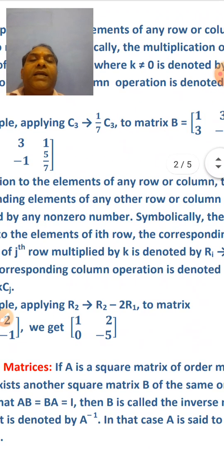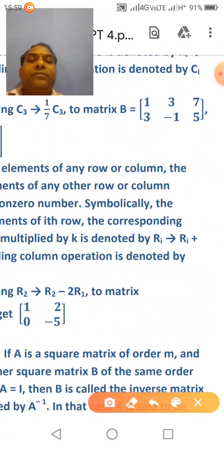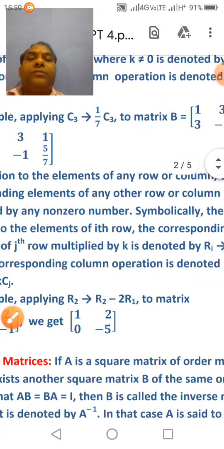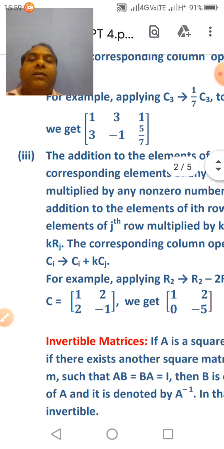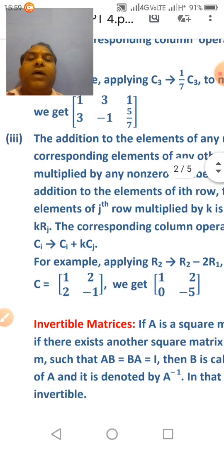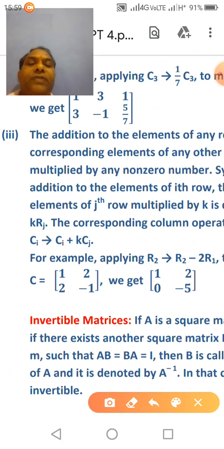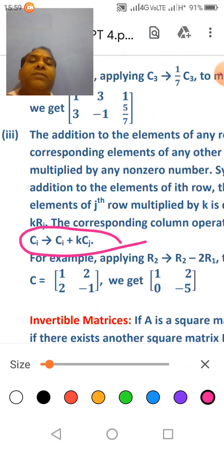Symbolically, we can write it as Ri is changed by Ri plus k into Rj. Clear? In case of column, Ci is changed by Ci plus k into Cj.